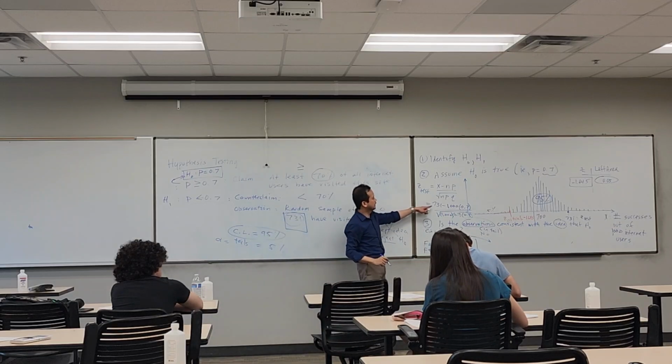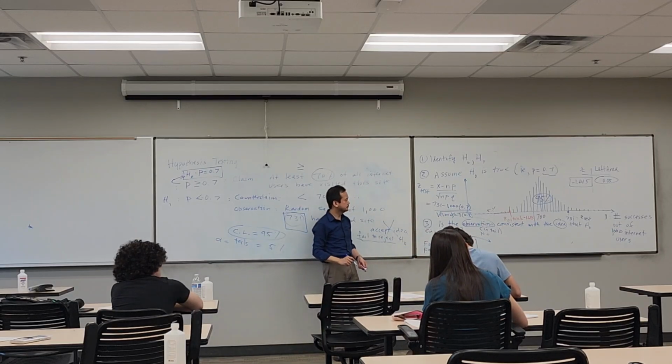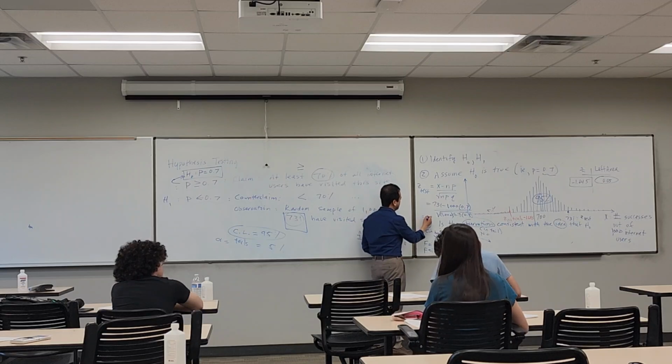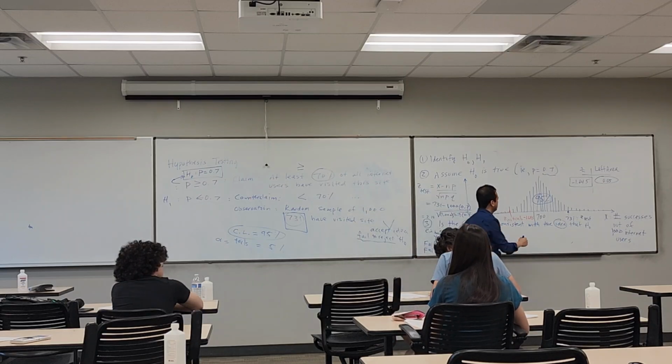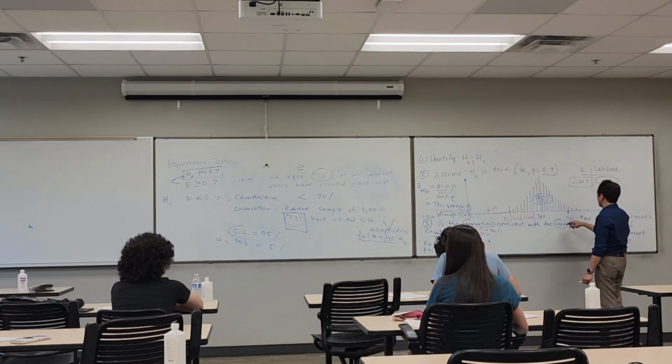So if you punch this in, what's the z-score? 2.14. Alright, so this ends up being 2.14.